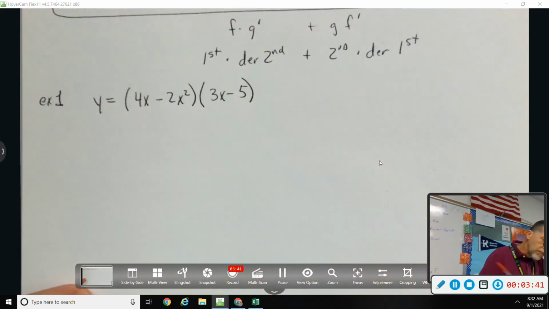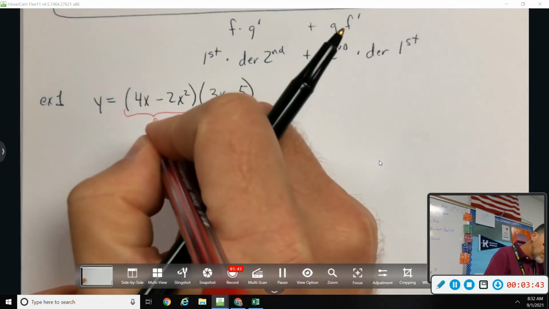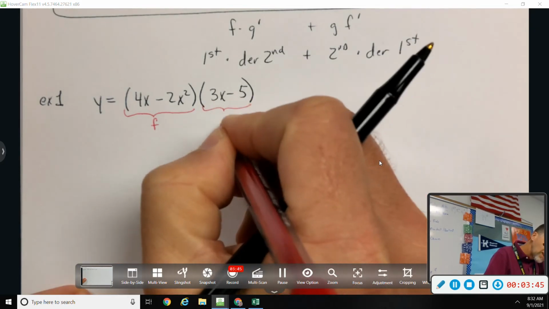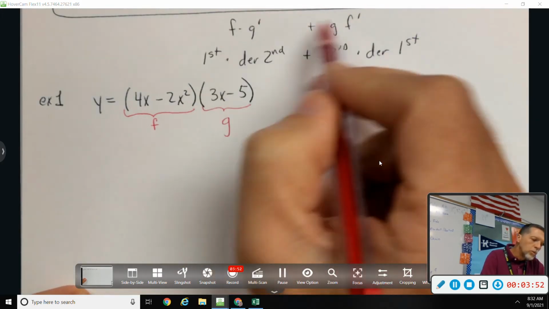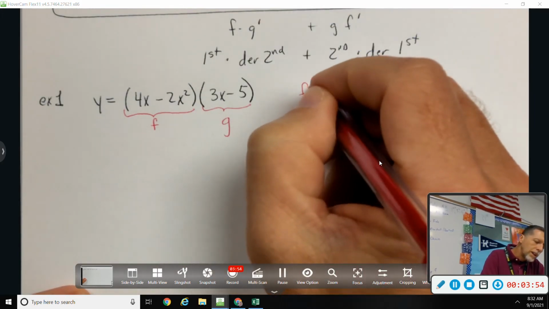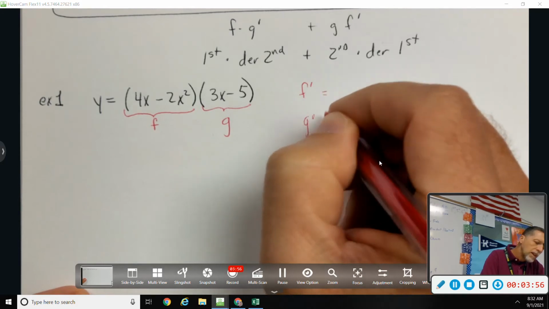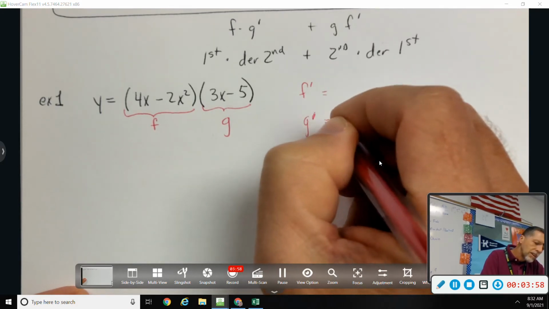Well, let's call the first thing f and the second thing g. And so in order to use the product rule, I need f prime and g prime, and then I'll put everything together.